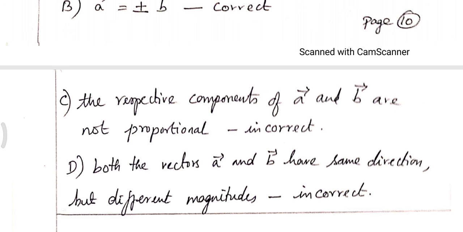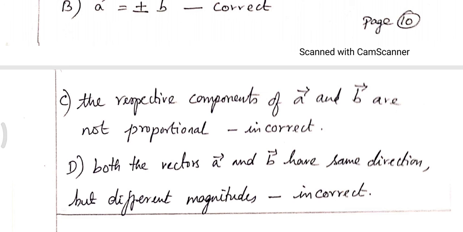Both the vectors A vector and B vector have same direction but different magnitudes. I think we have to check the question here. Give me a second, let me check in the book. I have a doubt in the question.